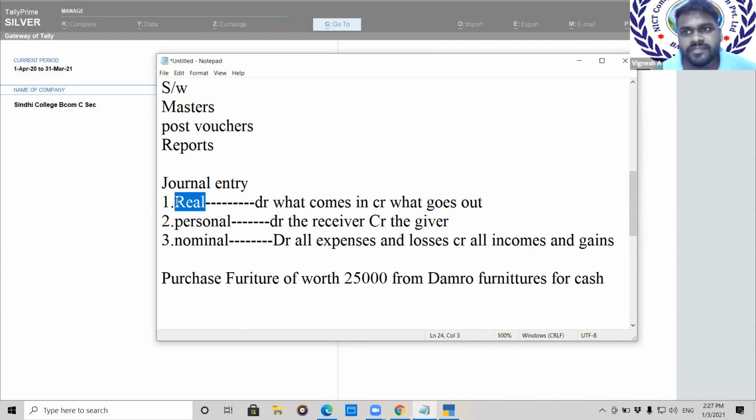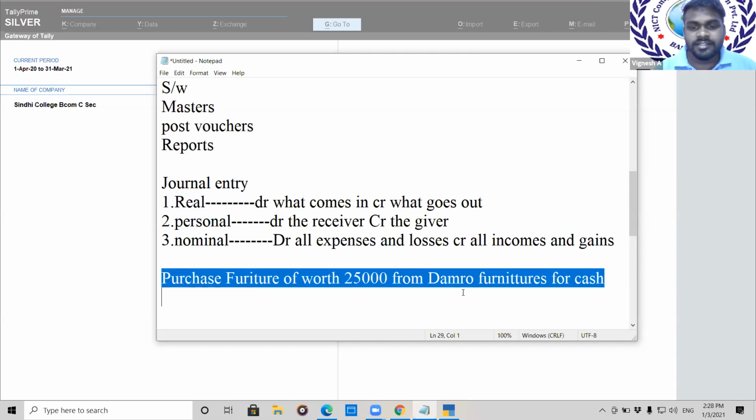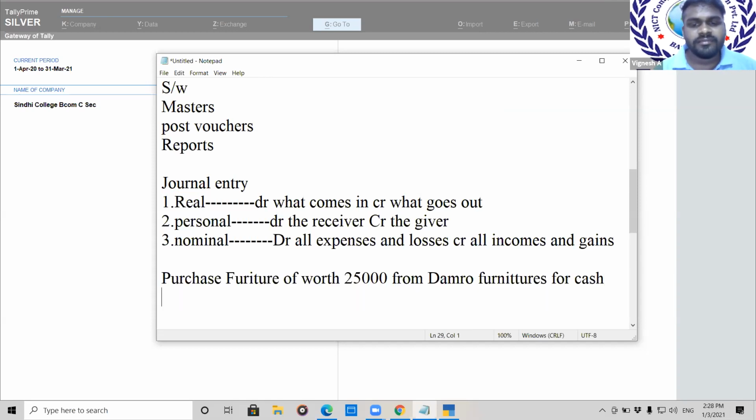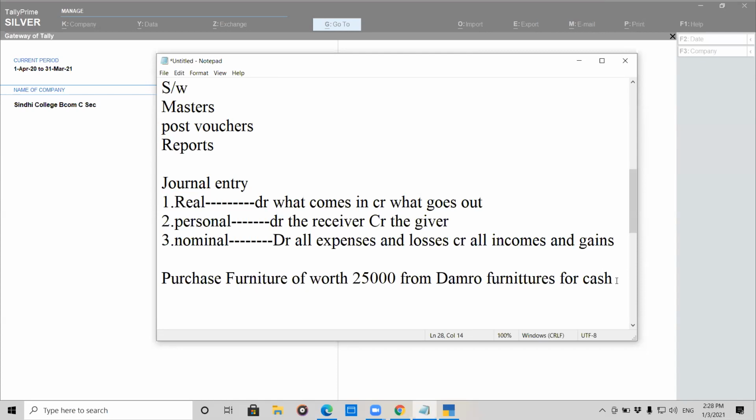What is the doubt in that, Yashashwini? Sir, not a doubt, I'm telling the rule for this purchase of furniture. You're telling the rule for this transaction? Yes, sir. Can you tell me the journal entry directly without a rule?